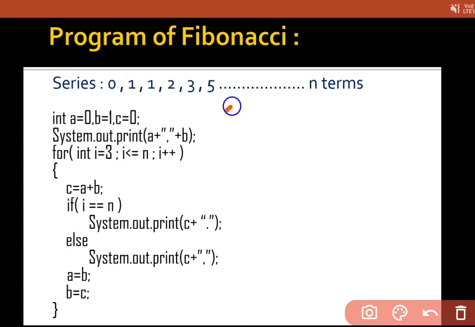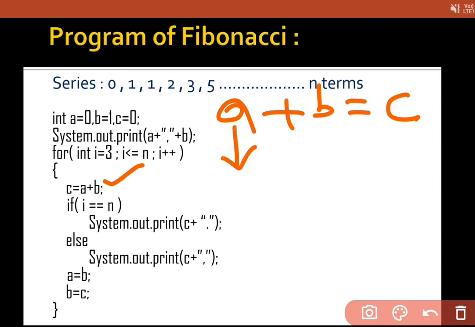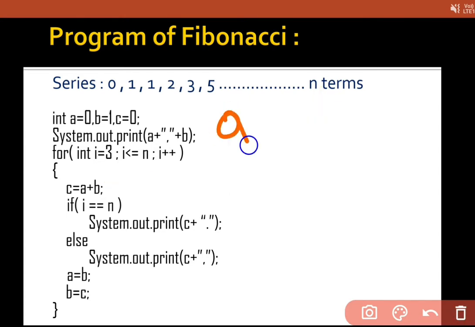But I told you earlier, I'm adding A plus B and storing them in C, this one. And I want to convert A into B and B into C. No. What I want to convert?